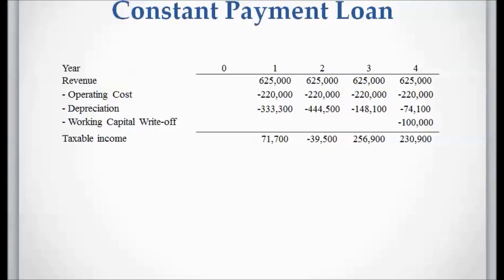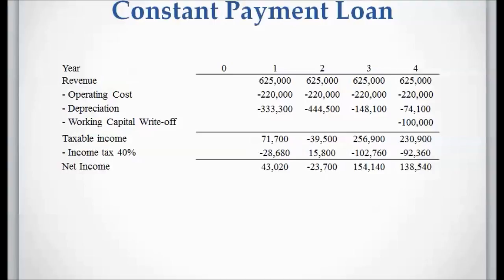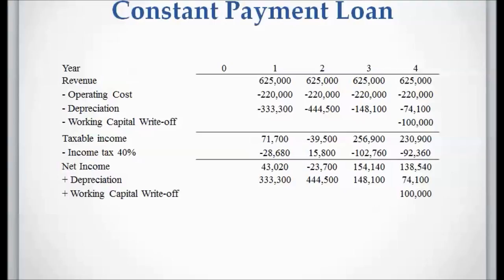Taxable income, which is the summation over each column. Income tax of 40%, and net income. Then we add back the depreciation, which equals this row but with the positive sign. Then we add back the working capital write-off because it was deductible from revenue as tax deduction, so we need to add that back again with the positive sign.